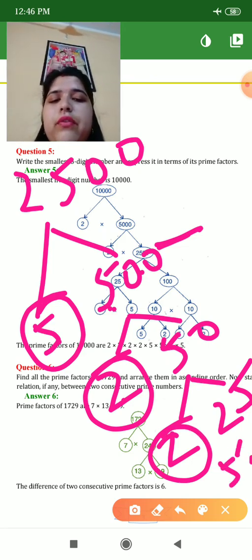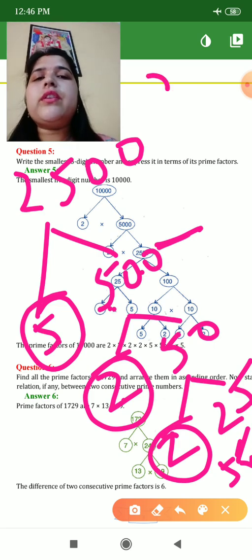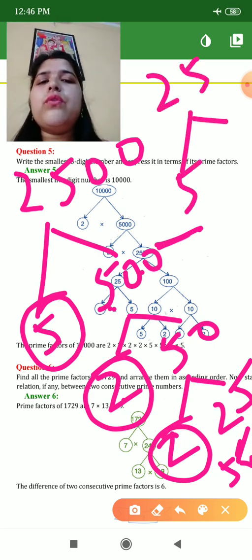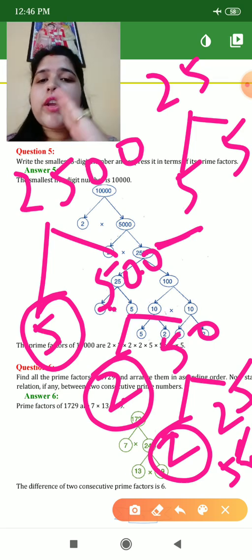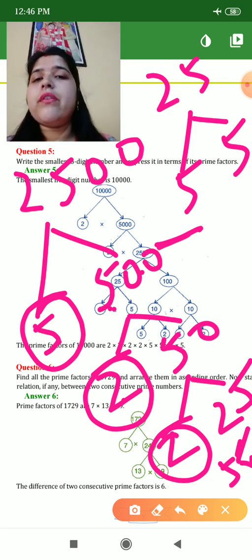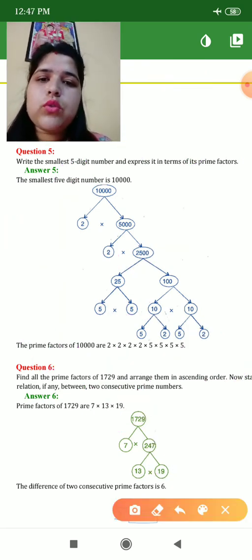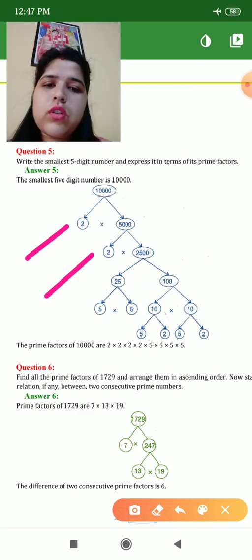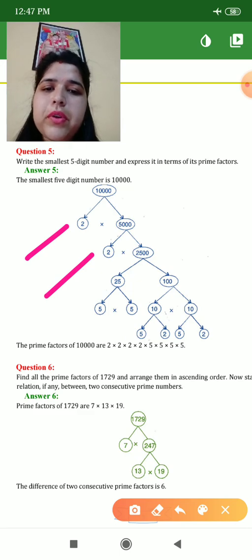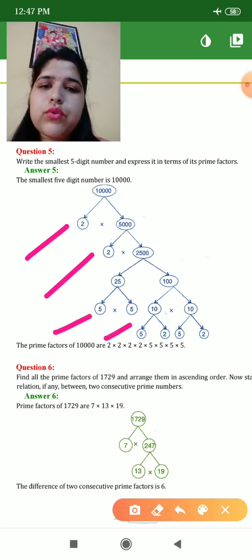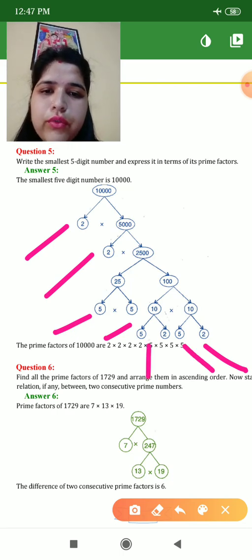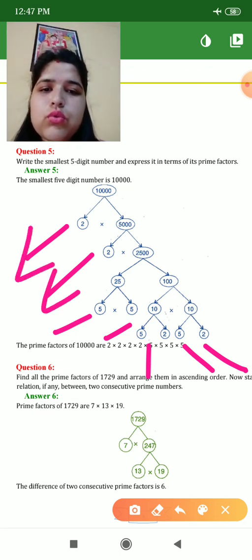So 5 multiplied by 5 is 25. What will be the factor of 25? 5 into 5, it will be this. And the rest of the zeros that are left, that will be our answer for the factors of this number. You can see here how many 2s are here, 1 2, these 2 are left here. Then at the last, by pairing, see how many 5s are left, you can count 1 5, 2 5, 3, oh sorry, 3 5, 4 5. So you can see in the answer 4 5s are there and 1 2, 2 2, 3 2, 4 2s are there.